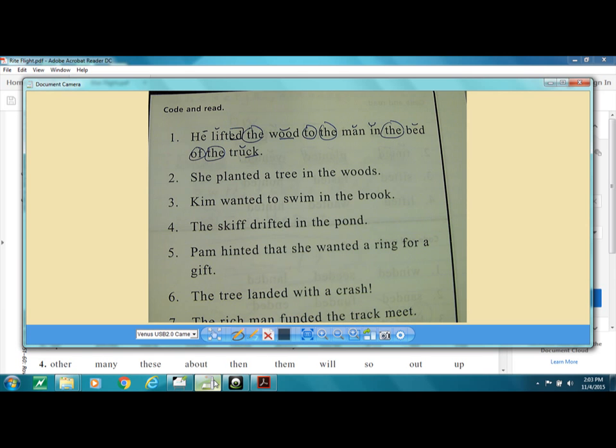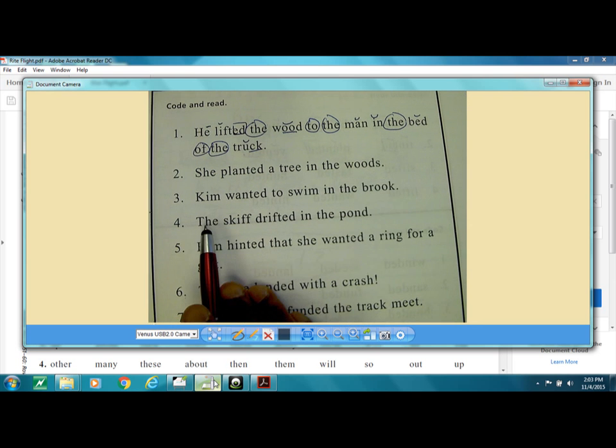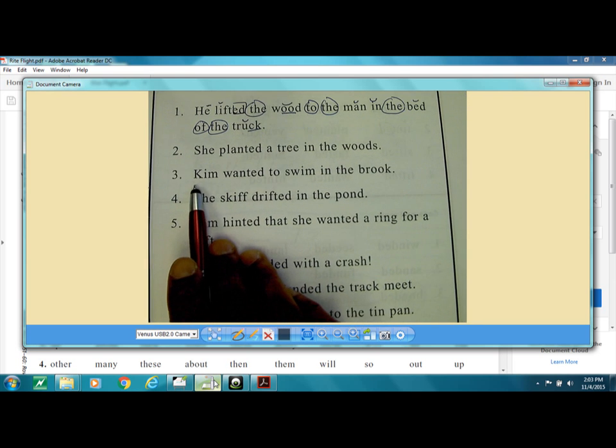All right, very good. You should have coded it by now, and I said number 3, I believe. And once you've coded number 3, you should have read it for me.